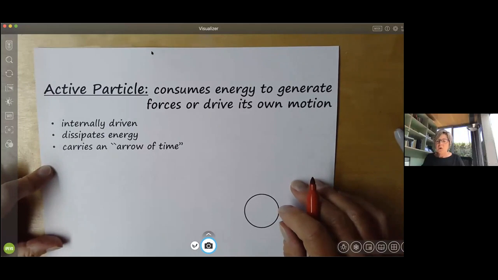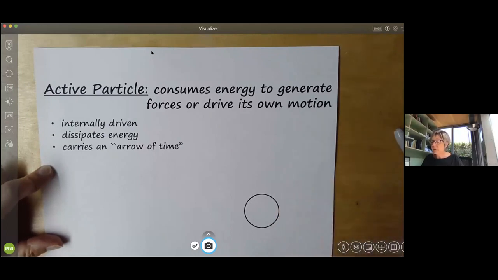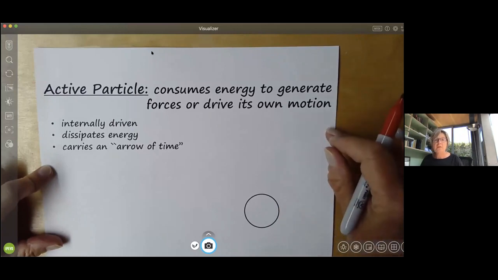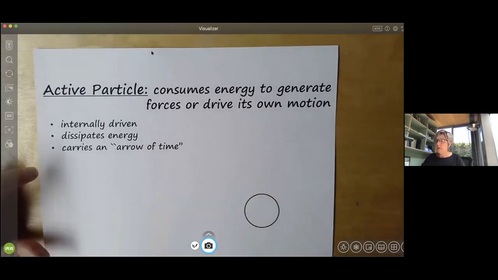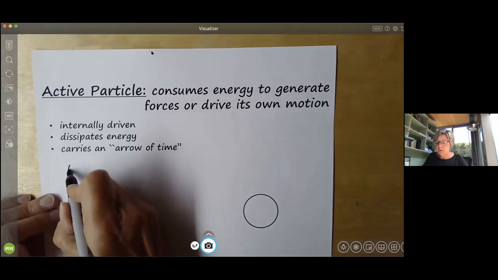Okay. So what is an active particle, first of all? An active particle is any particle, any entity that consumes energy to generate forces or drive its own motion. And of course, there are many examples from the living world.